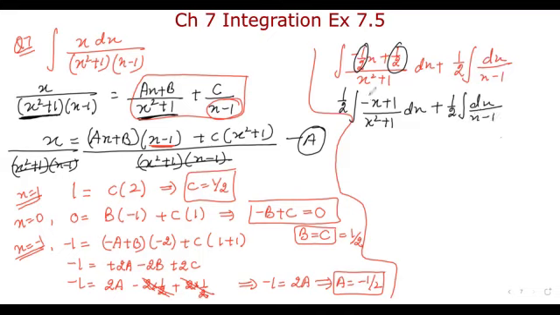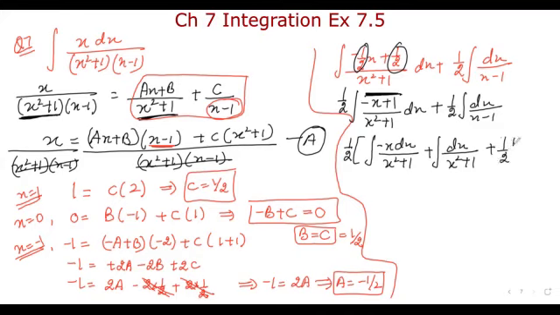Here we can split the numerator into two parts. So it will be half integral minus x dx upon x square plus 1 plus integral dx upon x square plus 1 plus half integral dx upon x minus 1. Now, if we take the integration, here x square plus 1 can be substituted as t.